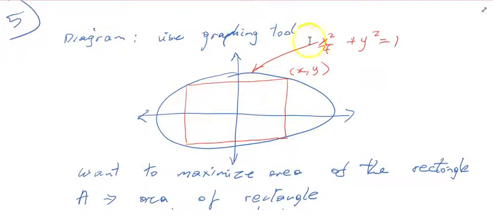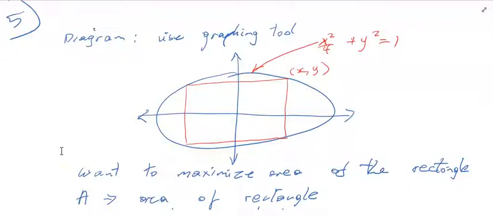Here I've just made a rough sketch. This is our ellipse, x squared over 4 plus y squared is equal to 1. And this is a point (x, y) on that ellipse, where our rectangle sits inside the ellipse and a corner, or vertex, of the rectangle touches the ellipse.